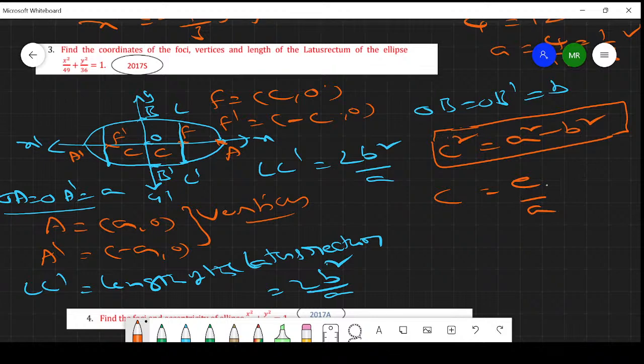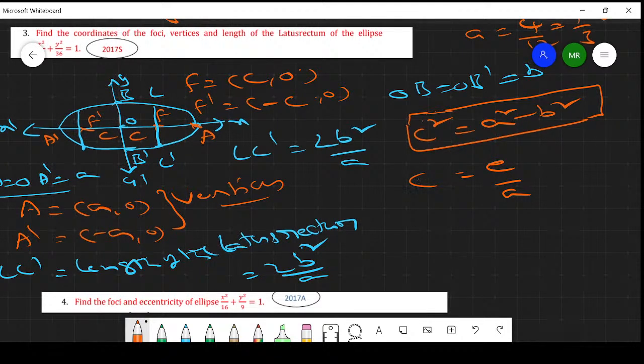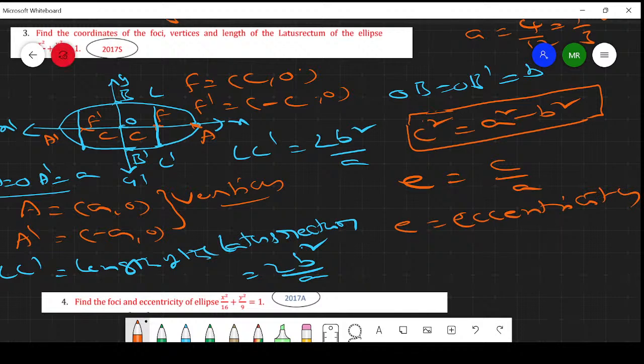What is e? e is called eccentricity. e is equal to c by a. The ratio between OF and OA is called eccentricity. e means eccentricity, the eccentricity of the conic. e is equal to c by a.